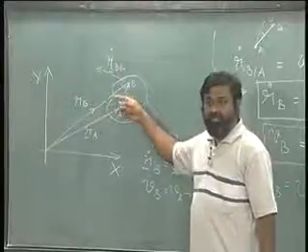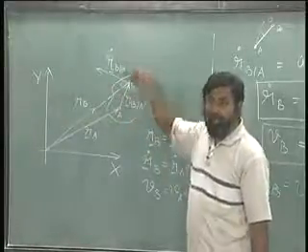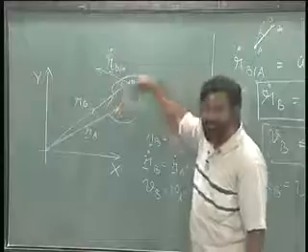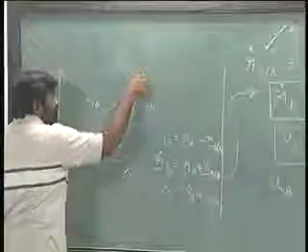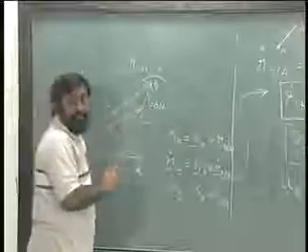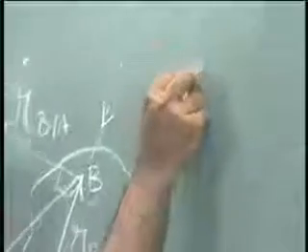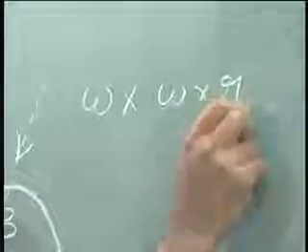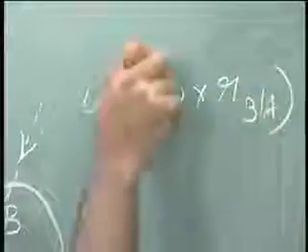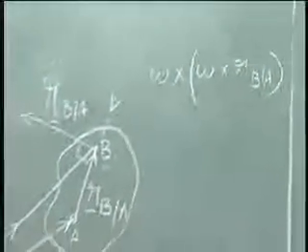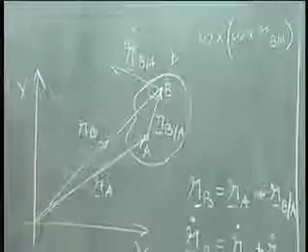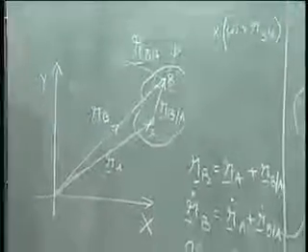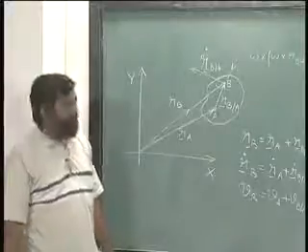Perpendicular to these two, but I am looking at omega cross this and therefore it will be in this direction. So this is the direction of omega cross r B with respect to A. You agree with me? I am just looking at one term in that particular equation, right.